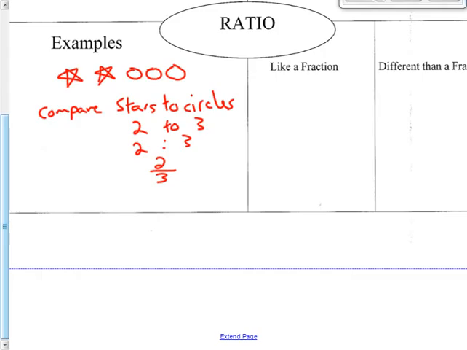Ways that it's like a fraction. Well, first of all, it's a comparison, and it's often a division problem. And it looks like a fraction in the division form, like this. A division problem or a fraction is a part divided by a whole. So that's one way that it can be like a fraction.